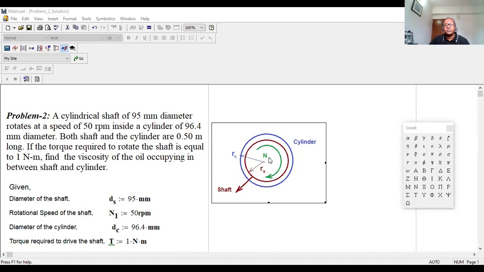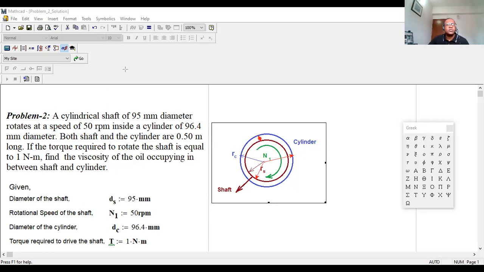So the outer cylinder or tube has radius RC, and the radius of the shaft is RS, rotating with RPM N1. The gap between these two is this much only.